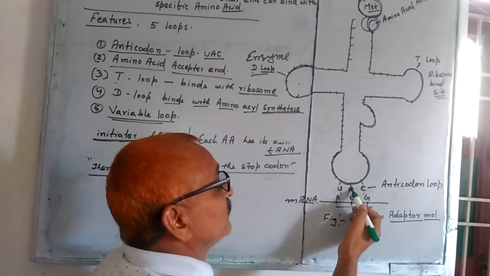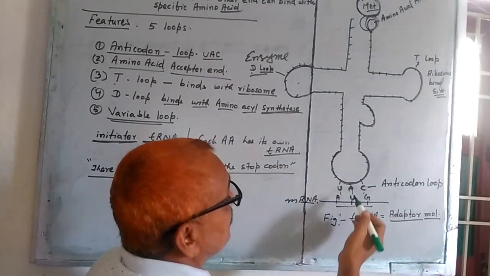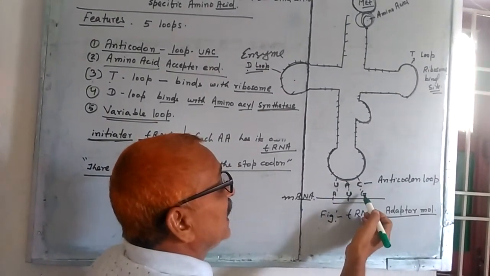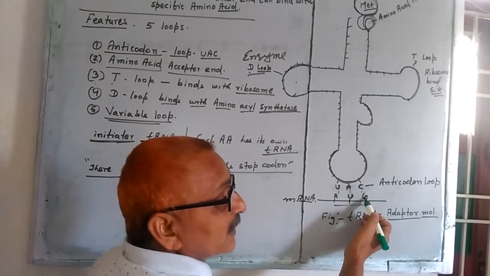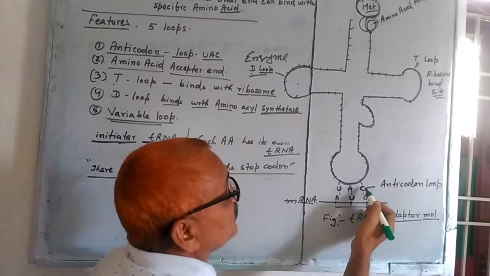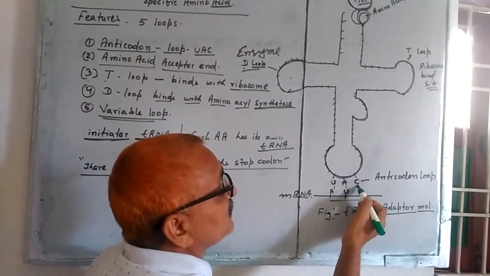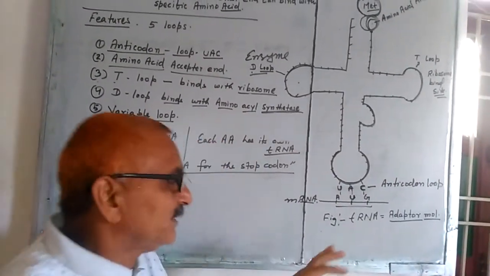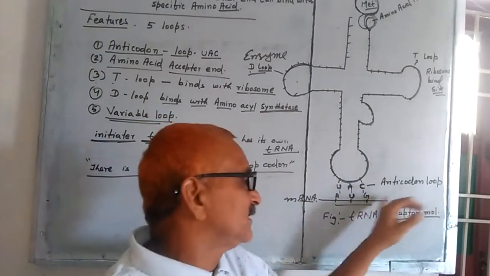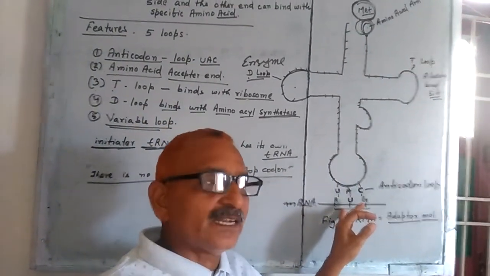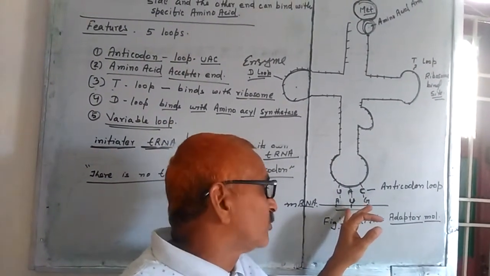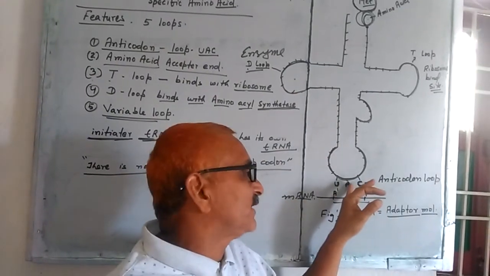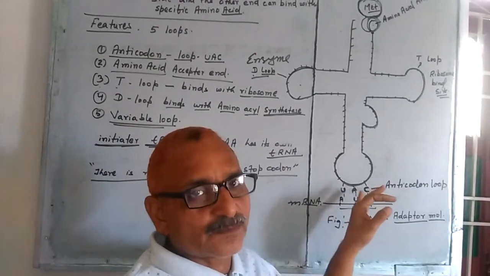And guanine on the messenger RNA is always paired with cytosine, so cytosine will be in the anticodon. So if an anticodon is written, you can write the codon on the messenger RNA, and if there is a codon on the messenger RNA, we can write the anticodon for transfer RNA.